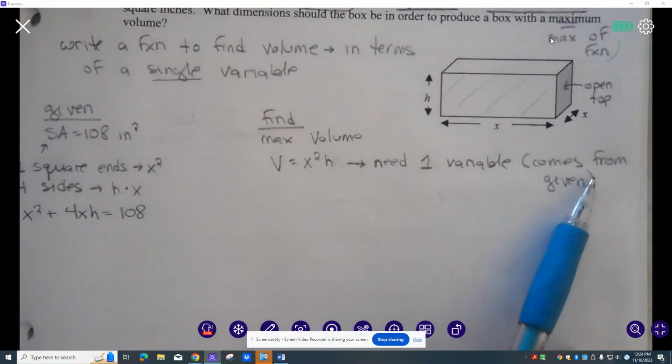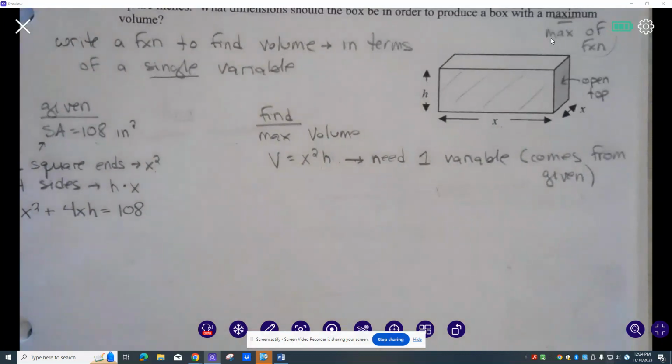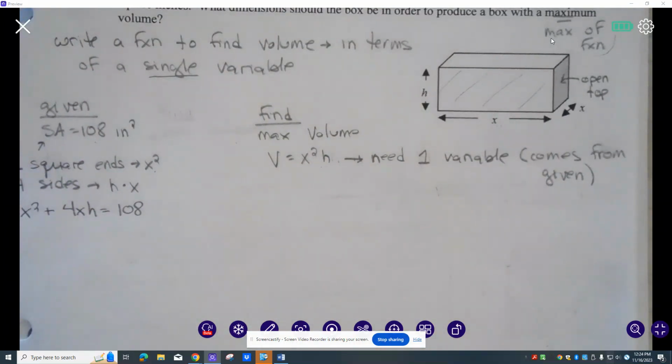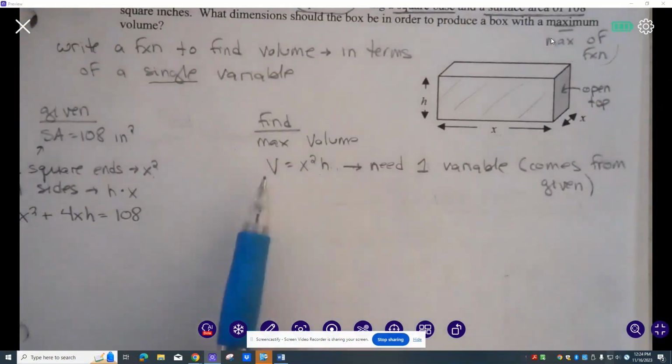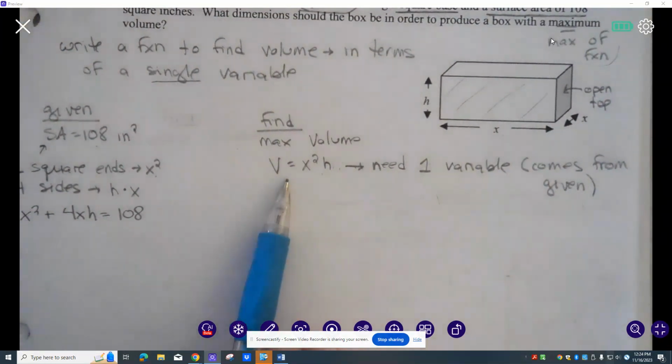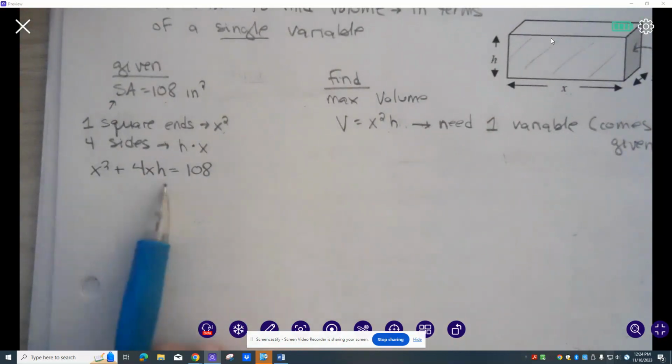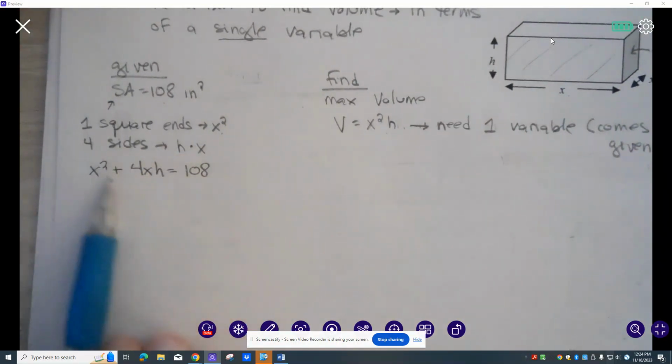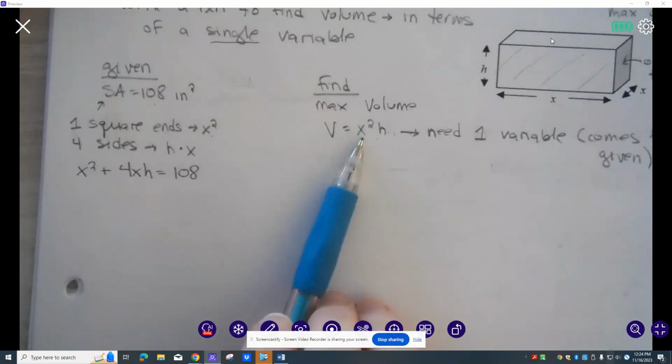We need this to be a single variable, though. It's not like those related rates problems where we do implicit differentiation, because we don't have things moving. We don't have rates. So we want to rewrite this in terms of a single variable. The given function is what you'll use to write the function you need to take the derivative of.